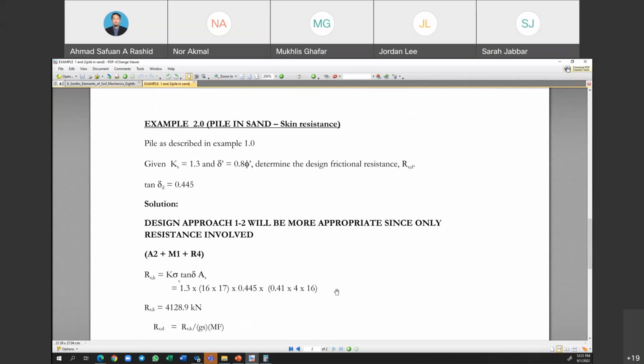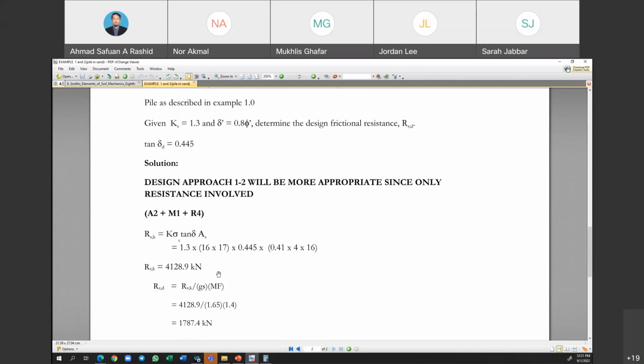The 15D should be applied in order to make sure that it does not overestimate the resistance. But I will clarify with the lecturer. Okay, so then the value is 4128.9.